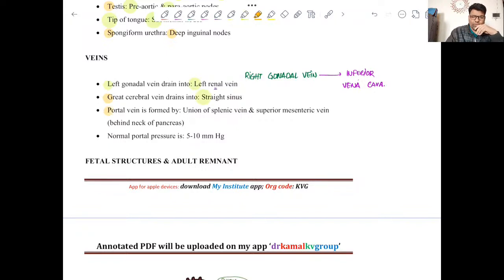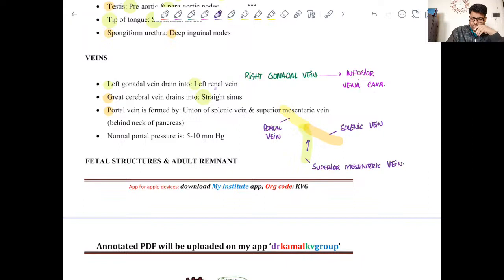Portal vein, it is formed by the union of two veins. So one of the vein is splenic vein, another vein is superior mesenteric vein, and it finally forms the portal vein. Clear? So this is portal vein, this is splenic vein, and this is superior mesenteric vein. Clear?